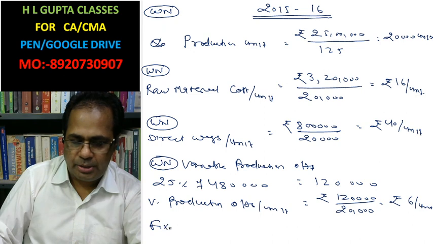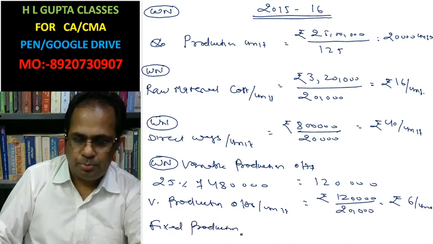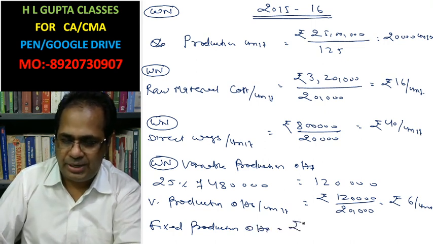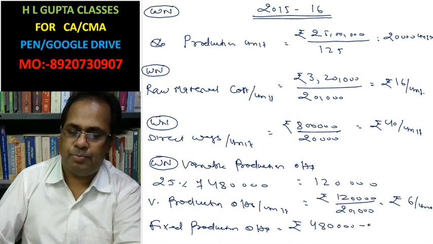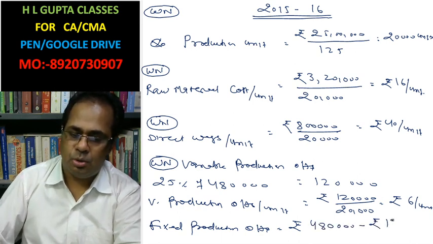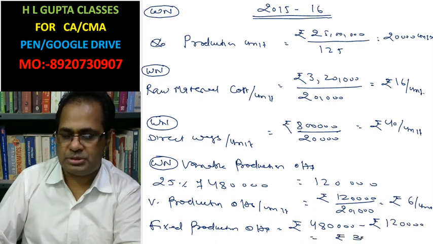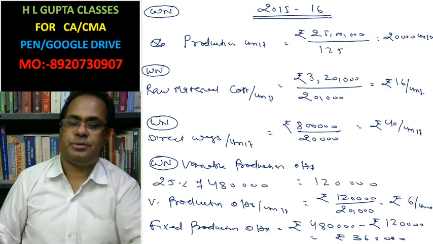Fixed production overhead: rupees 4,80,000 total. Out of this, 1,20,000 is variable. Rupees 3,60,000 is fixed.